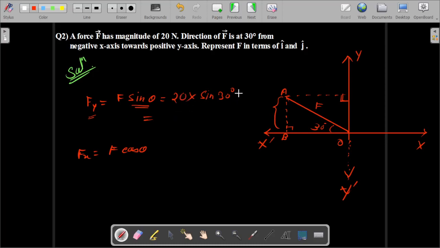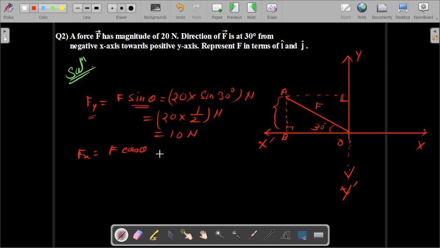Here F is 20 Newton. I have written this here, 20 Newton. What will be the value of sin 30? Half, right? So it will be 10 Newton, the direction of y.